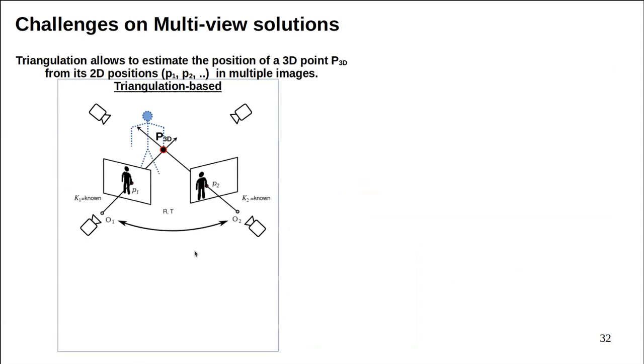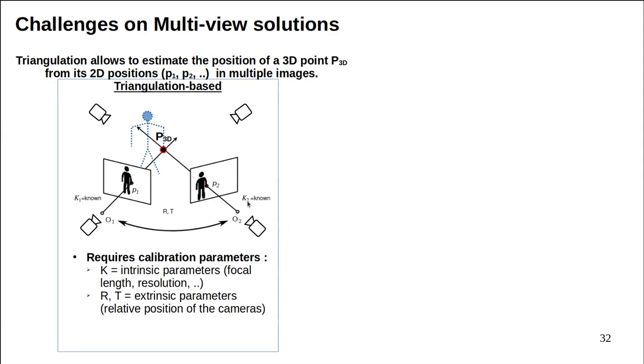On one side, we have triangulation-based solution. So triangulation allows to estimate the position of a 3D point, for instance, here, the wrist of the person, from its 2D position in different cameras, filmed by different cameras. For instance, here I have P1 and P2, which is the position of the wrist in these two cameras here.